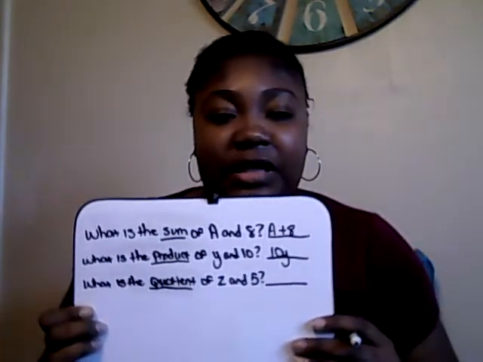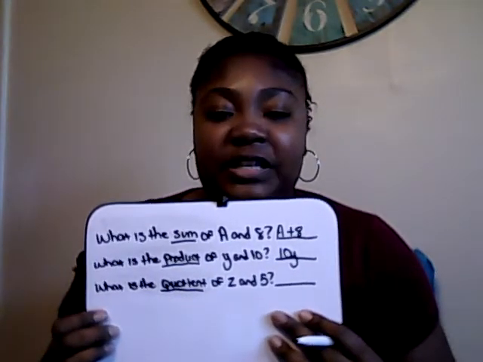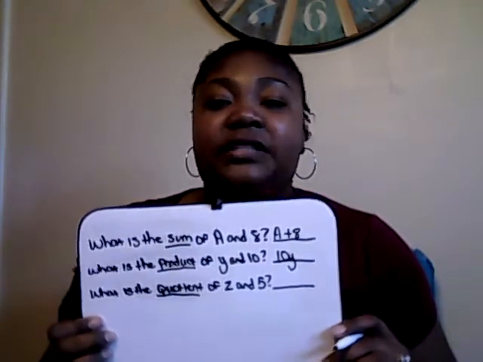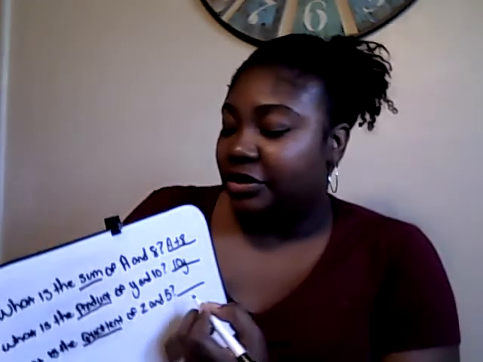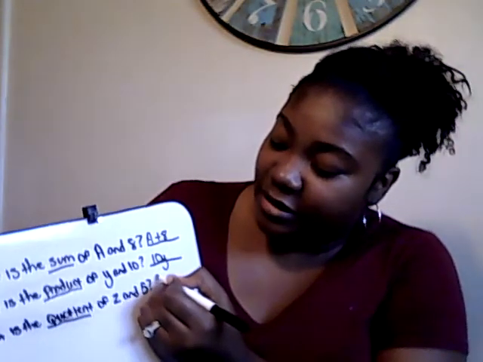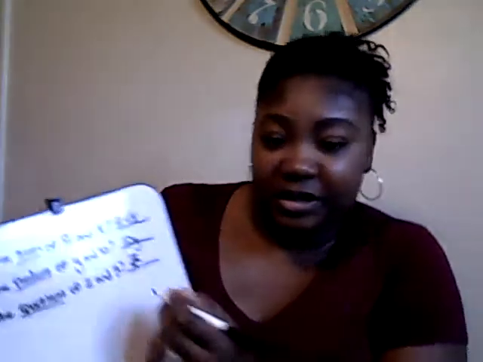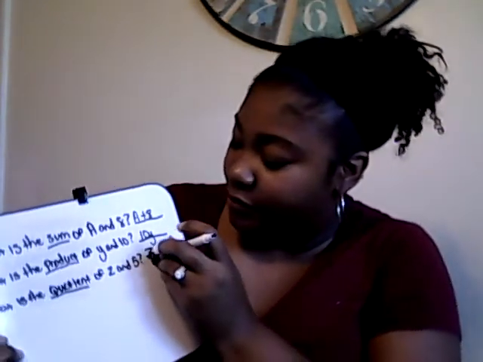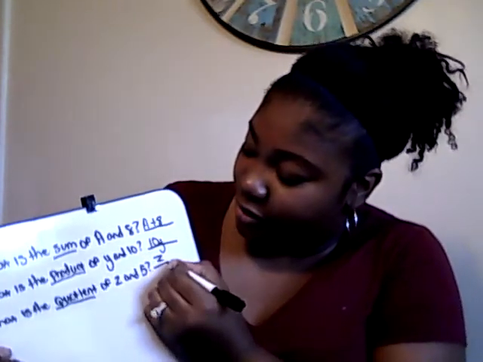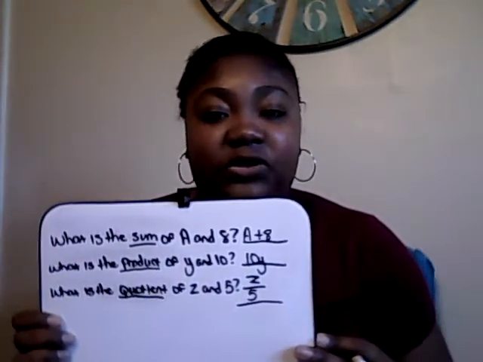So our keyword is quotient. What does quotient represent? It represents division. So all I would do is put it like this: Z over 5. Let me erase that a little bit to make it better. Z over 5, and that'll be our answer.